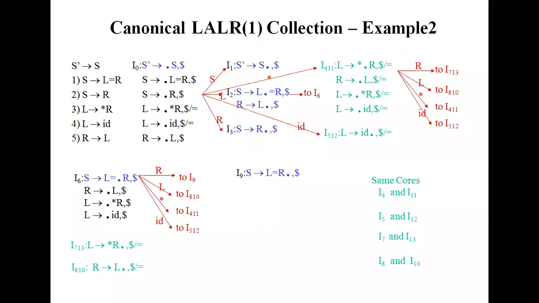SLR is smallest in size, and SLR and LALR have the same size, while CLR is the most powerful LR parser and very large in size. Comparing these 3 by size, CLR is the largest compared with SLR and LALR. SLR and LALR are equal in size.